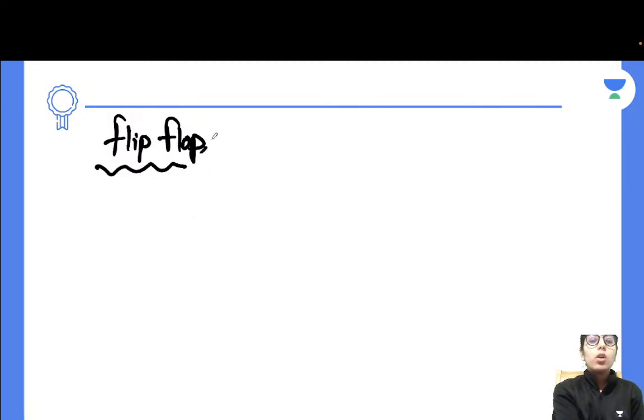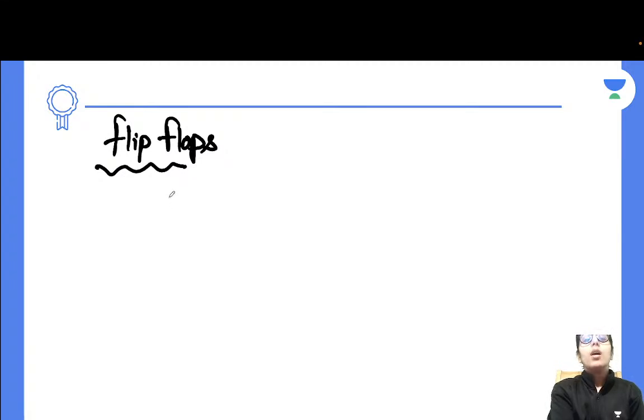Now, if we talk about flip-flops, everything is important in that section. Different types of flip-flops: RS, JK, D and T, everything. Then there are truth tables, output expressions, and the feedback connections you have to observe while drawing or making the circuit.